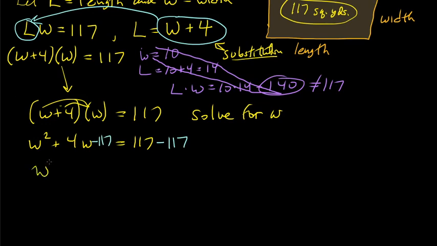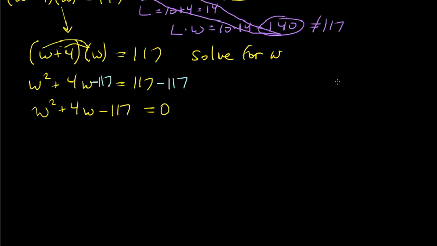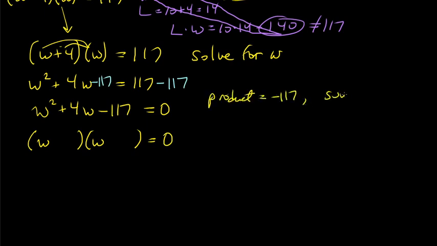And now we get W squared plus 4W minus 117 equals 0. Now it's in standard form. Now to solve it, we just have to be able to factor it. And you can see this is another trinomial. The GCF is 1. So we're looking for two numbers whose product is negative 117 and whose sum is positive 4.